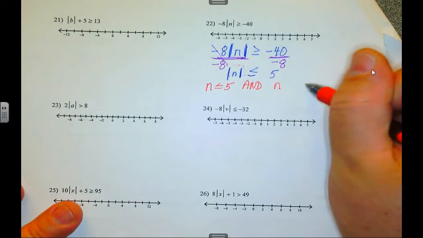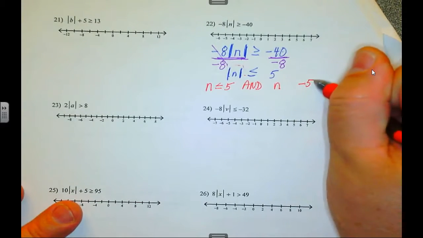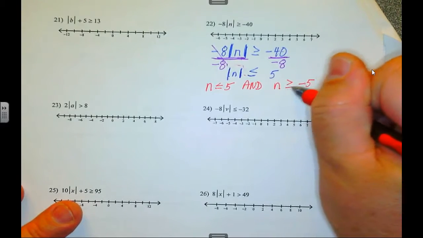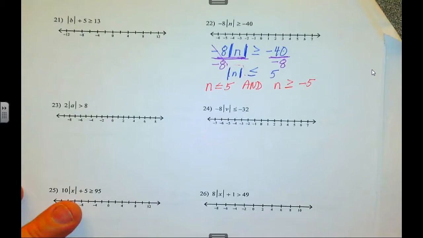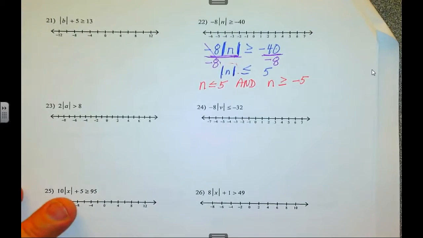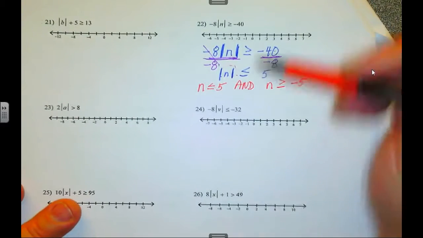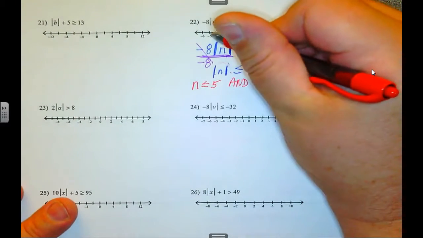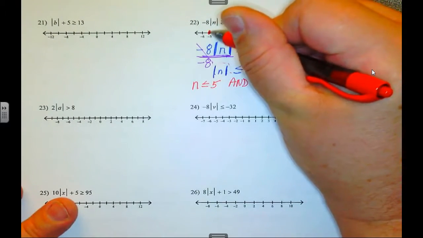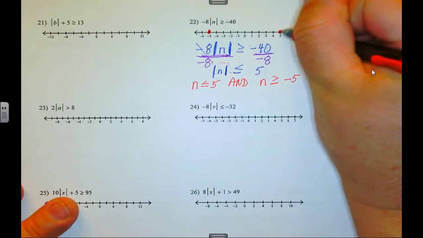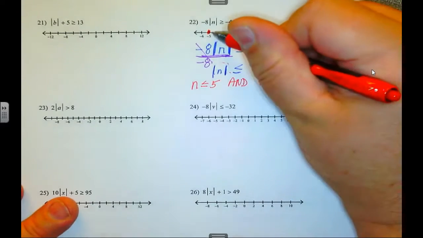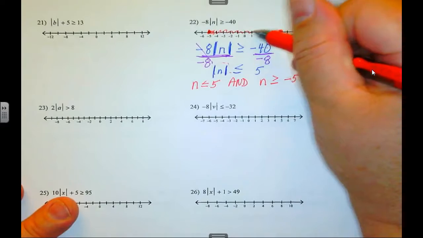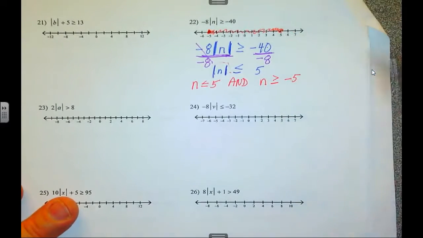Take what's inside, the opposite of what's there, and flip my sign. Okay, they're going to be closed circles at 5 and -5 because of the equal signs. -5, +5. It's an and statement, so it's in between.